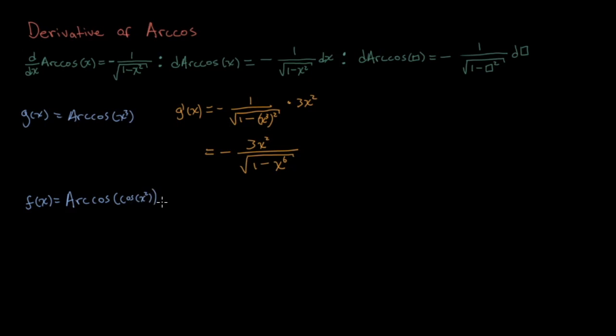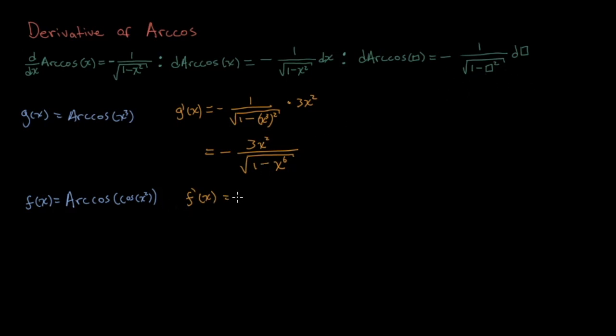So we have a slightly more tricky example here. As you can see, we have a function within a function within a function. So how do we evaluate this derivative? Well, it turns out it's not too hard. All it is is just a few more steps. But again, we're still following this exact same format.